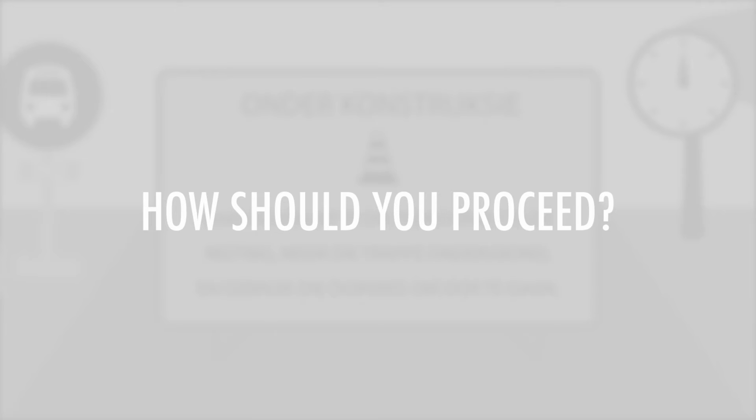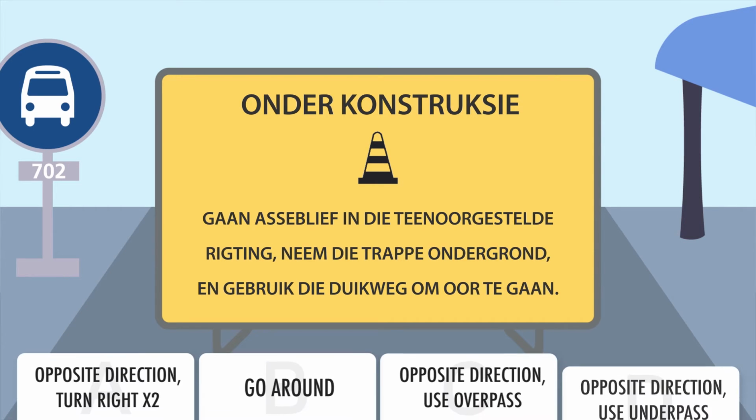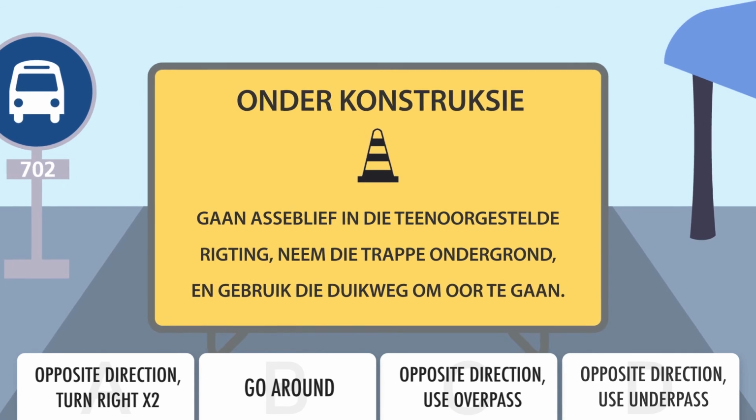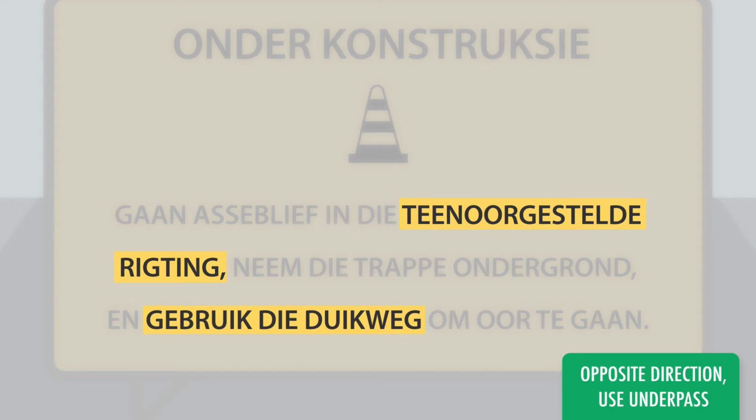How should you proceed? The sign tells you to go in the opposite direction, take the stairs to the underground, and to use the underpass to cross. Gaan in die teenoorgestelde rigting, neem die trappe ondergrond en gebruik die duikweg om oor te gaan.